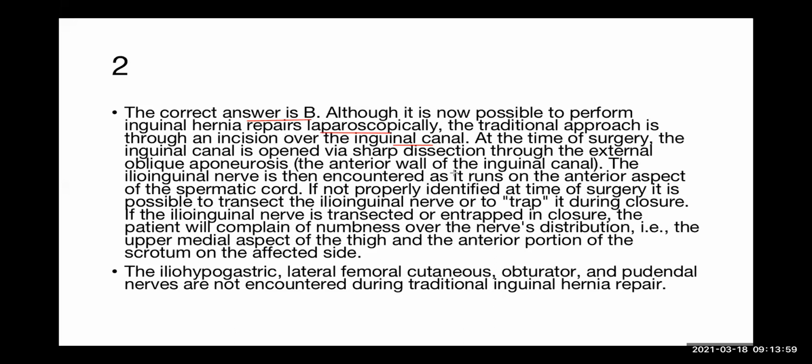That is the main problem here. All the other nerves given there, like iliohypogastric nerve, lateral femoral cutaneous nerve, obturator nerve, and pudendal nerve, are not even associated with the inguinal canal. So these are the wrong options.